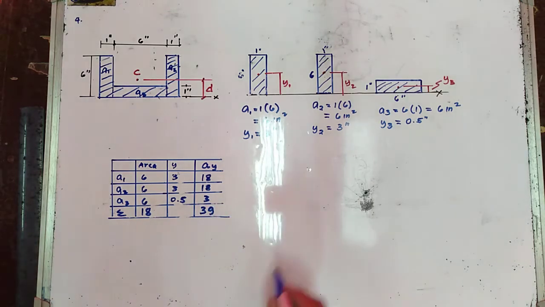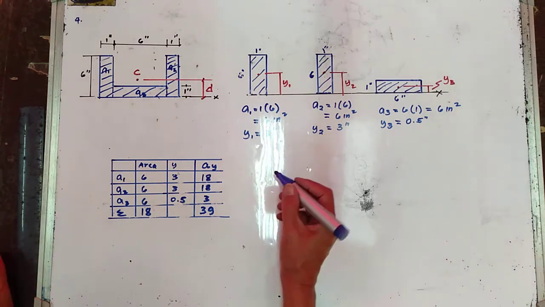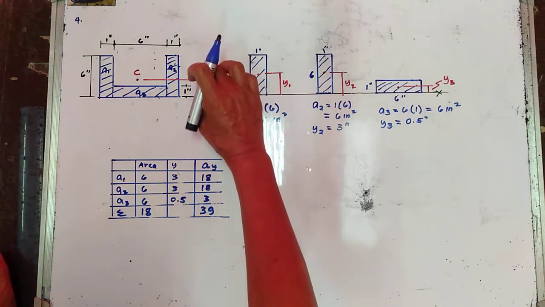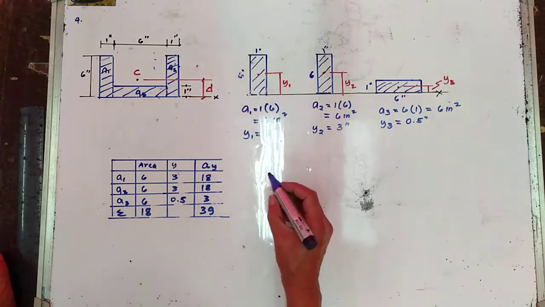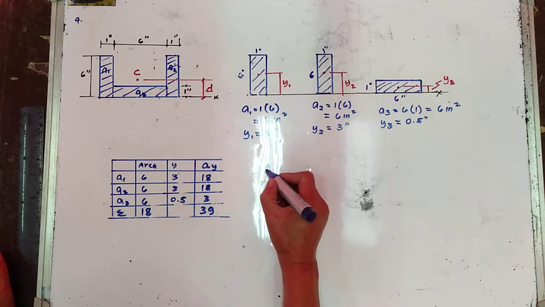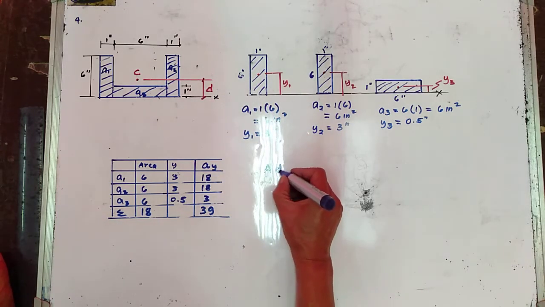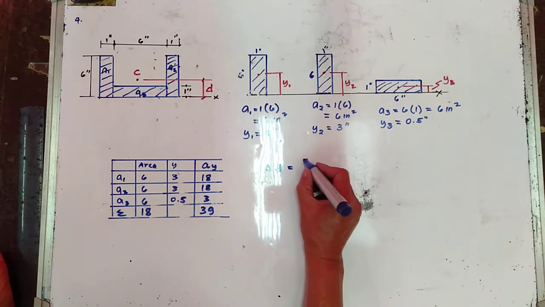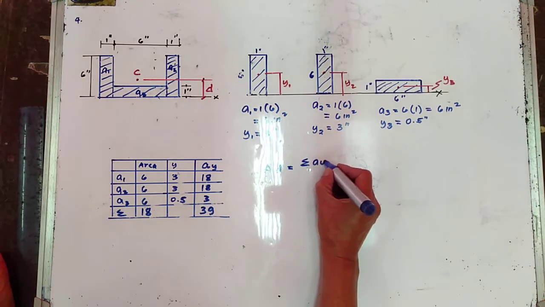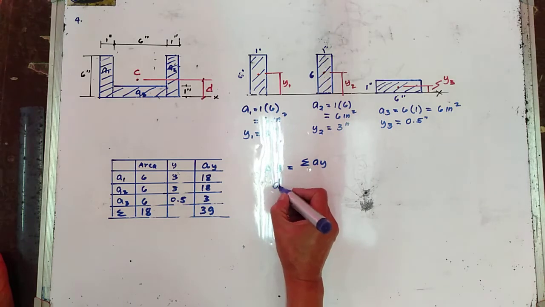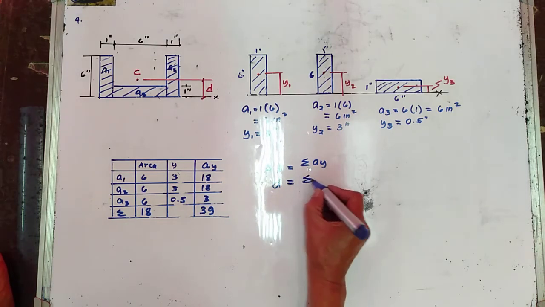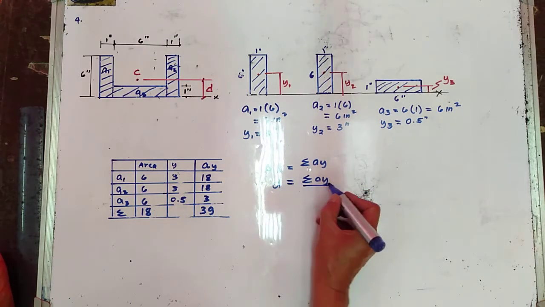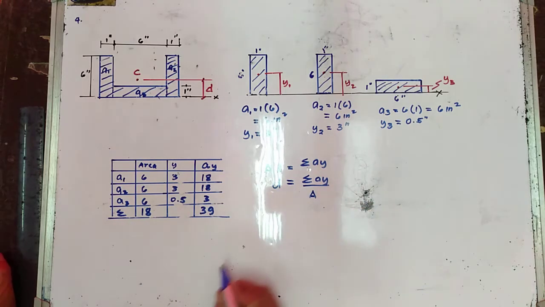Hence, we are now ready to determine your centroid D from the x-axis. So the total area multiplied by D is equal to the summation AY, and therefore your D is equal to summation AY all over the total area.